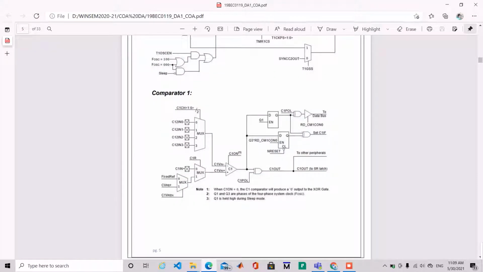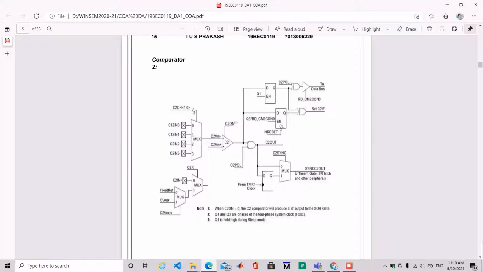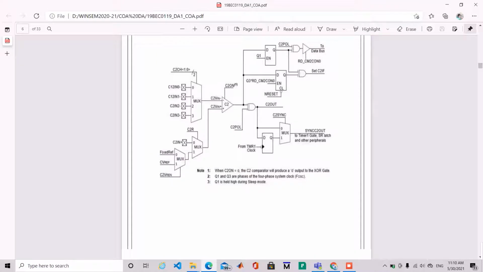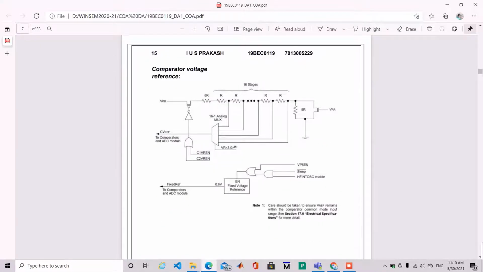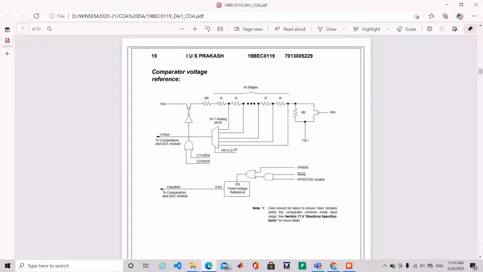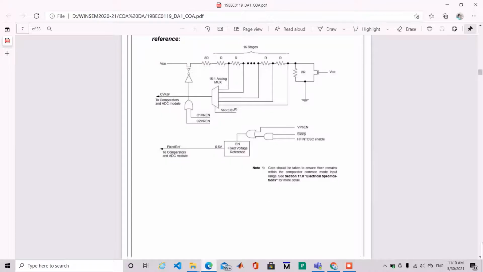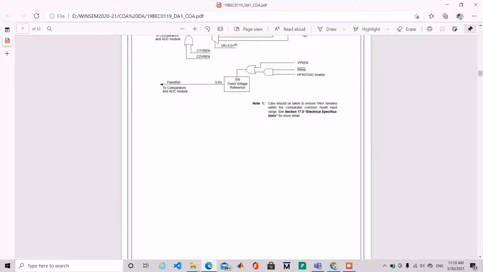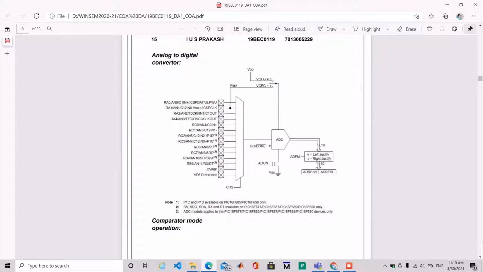Comparator 1 contains 3 mux, and this was comparator 2, and in comparator 2 it will contain 4 mux. The comparator voltage reference contains a 16:1 analog mux, and then the fixed voltage reference we will connect. And this is the analog to digital converter internal block diagram.